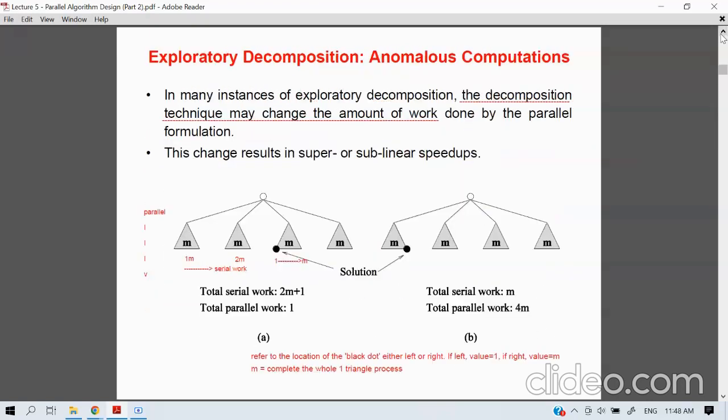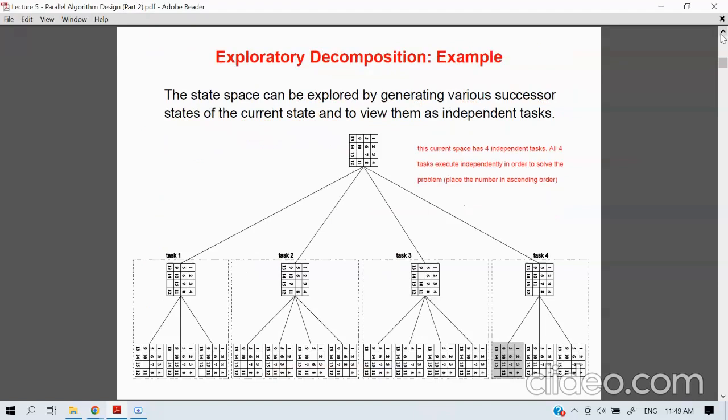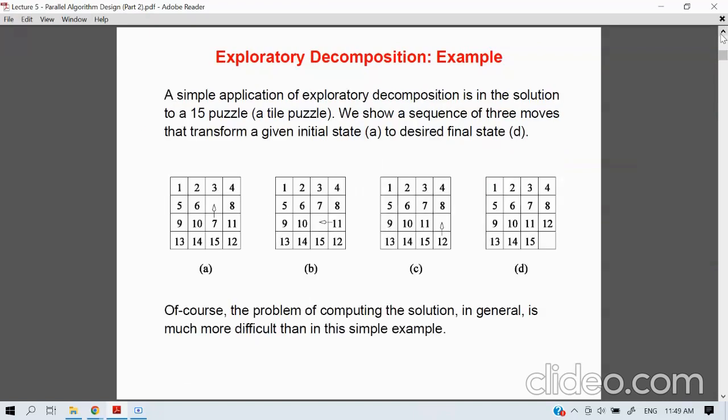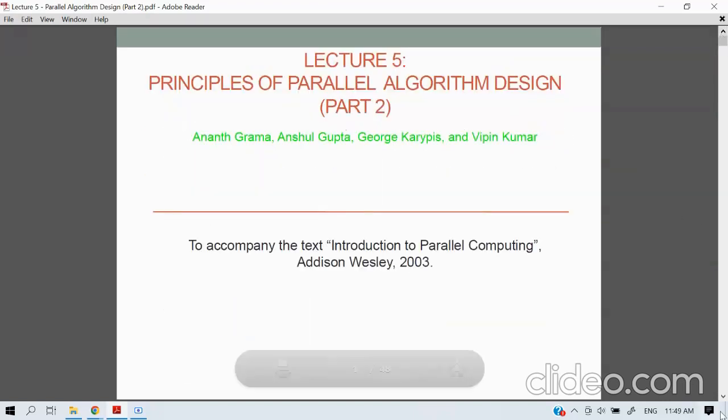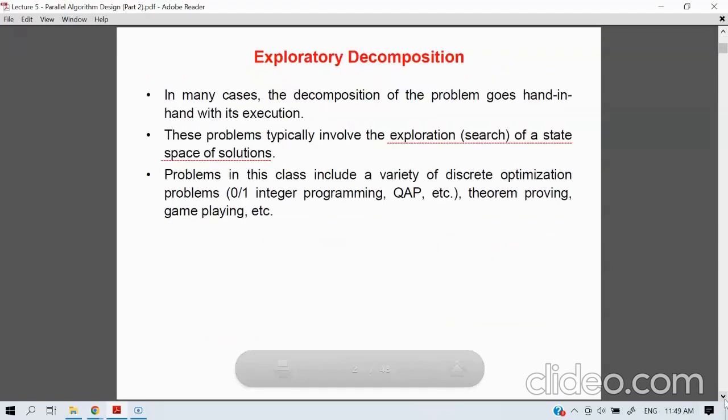Okay, so I want to conclude on what we have learned for today's lecture. In the earlier slides, we already covered exploratory decomposition.